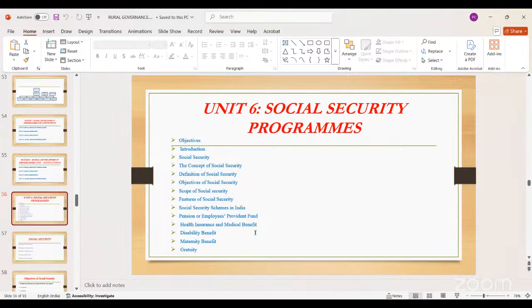Then historically, if we see whether this concept of social security was there, Indian society traditionally has witnessed that the responsibility of family and community in general, where social security was kept at a very high emphasis. However, with the gradual process of industrialization and urbanization, there was a break and disintegration of the joint family, which also led to weakening of family bonding.